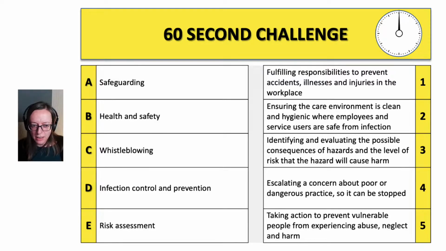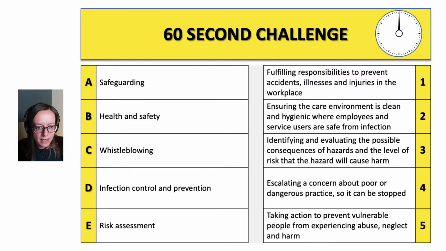Definitely agree. Hibba, I think your first one is not correct. Okay, Melvin, A5, safeguarding, taking action to prevent vulnerable people from experiencing abuse, neglect and harm. Yeah, A5 is correct. Yeah, well done, Hibba, yeah.